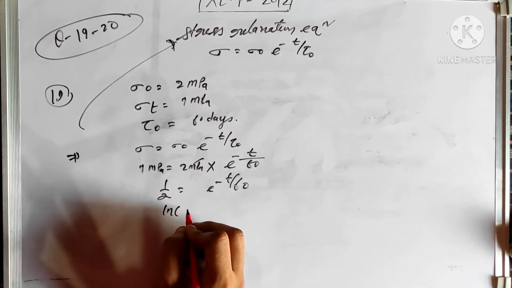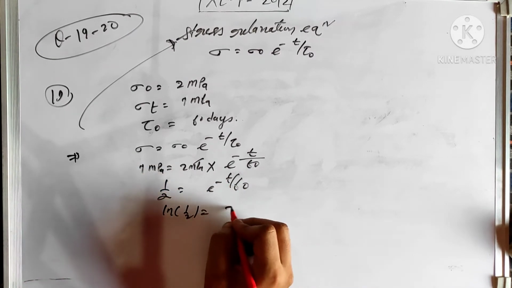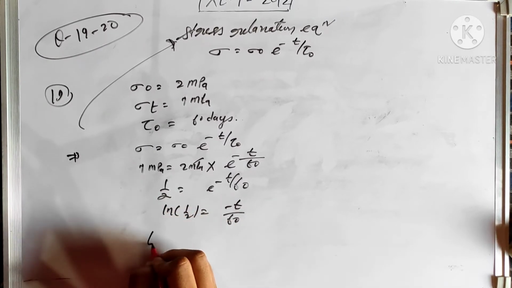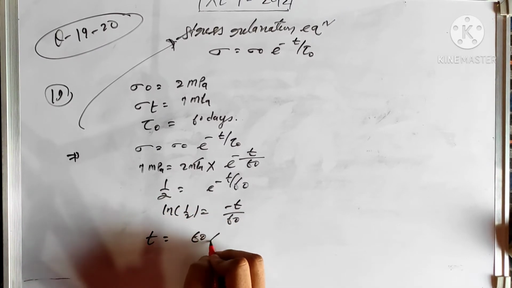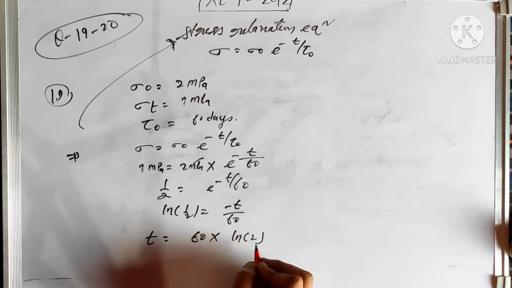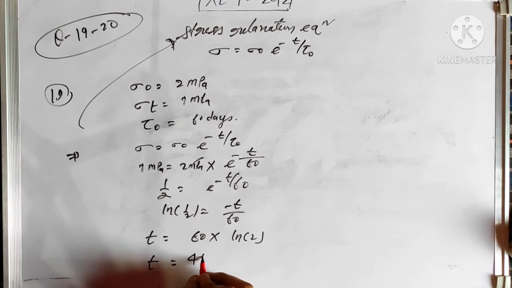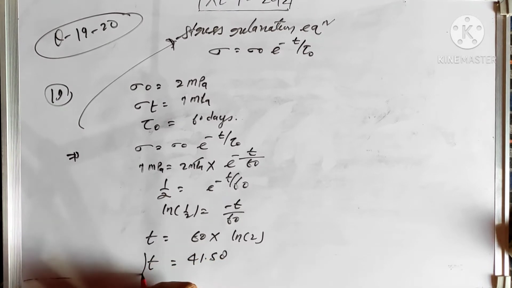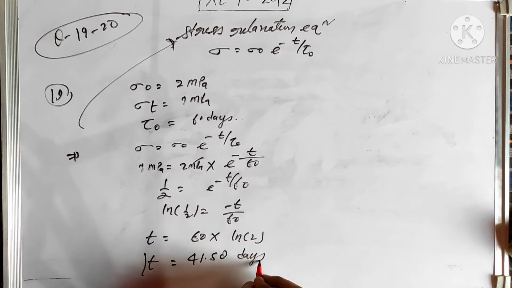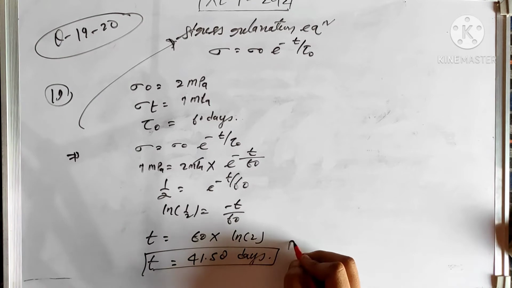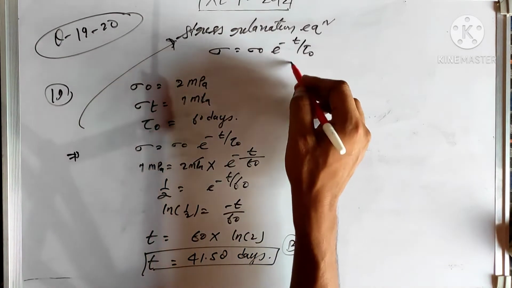Then we take ln: ln 1 by 2 is equal to minus t divided by 60. Then simply t is equal to 60 into ln 2. Then t is equal to 41.58 days. Then option number B is correct.